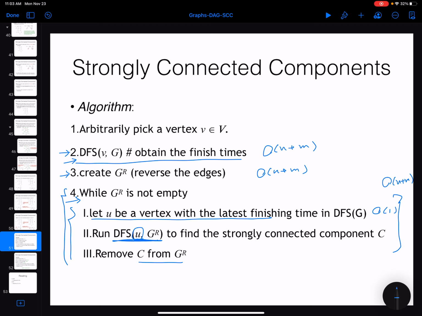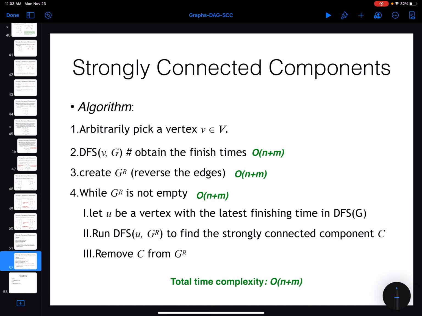It's not going to visit anything else. Removing those edges takes the same time, but in total, you visit and remove each edge only once. So the time complexity of the whole loop is O of n plus m, and the whole algorithm is O of n plus m.